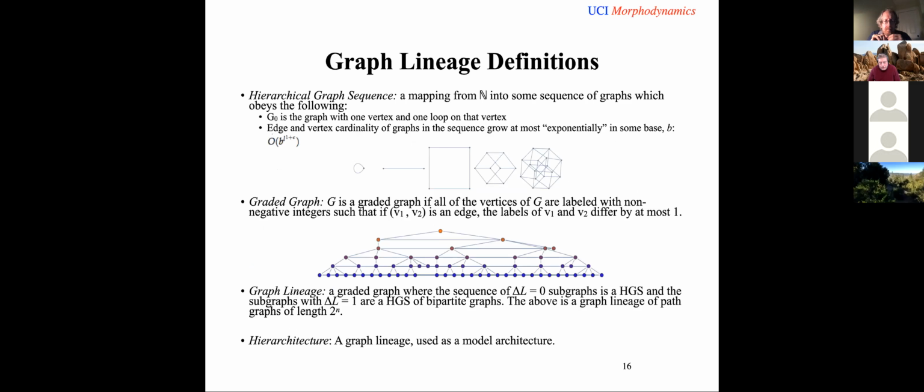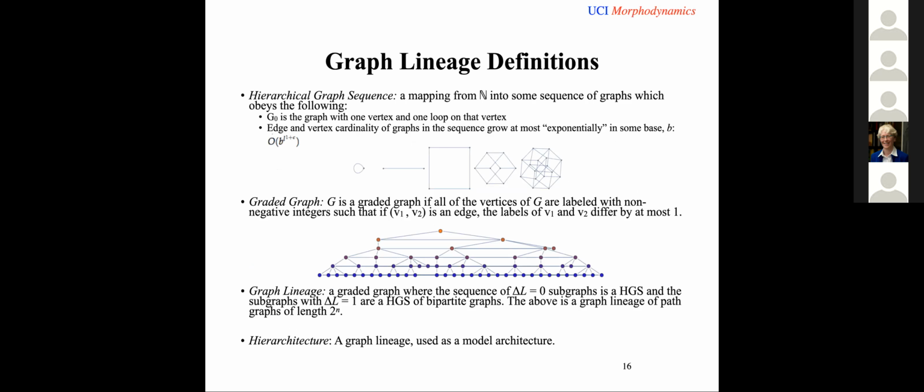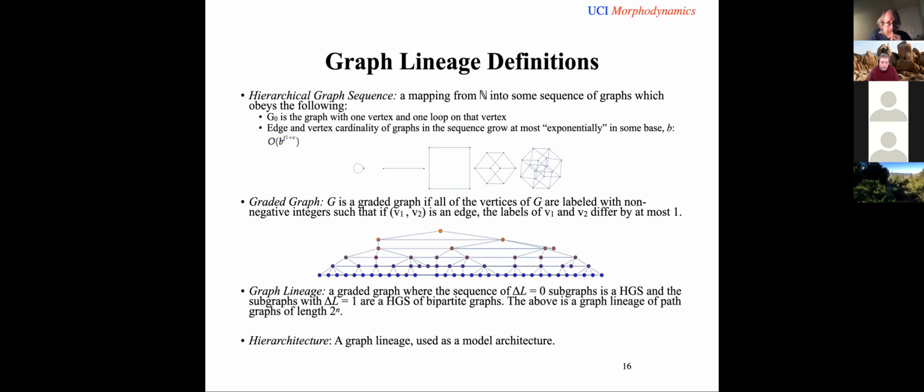But the framework is that we'd like to have a multi-scale way of looking at graphs. And you know, you can have sequences, regular families of graphs that grow in complexity from one generation to the next. You can link them. We call that a hierarchical graph sequence.